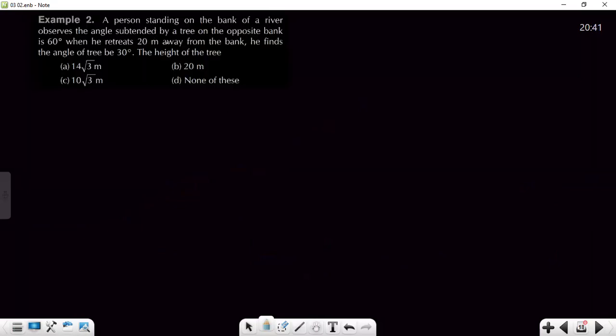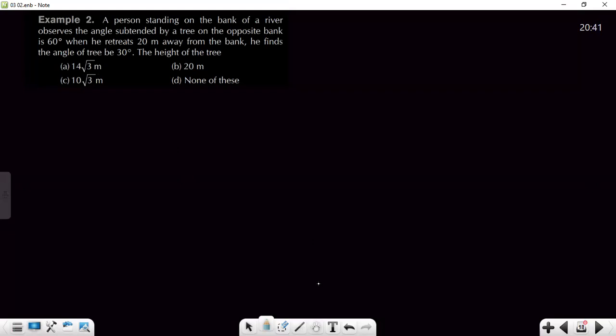A person standing on the bank of a river observes the angle subtended by a tree on the opposite bank. It's 60 degrees. When he retreats 20 meters away from the bank, he finds the angle of the tree to be 30 degrees.